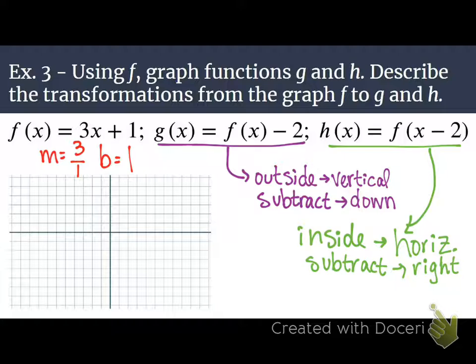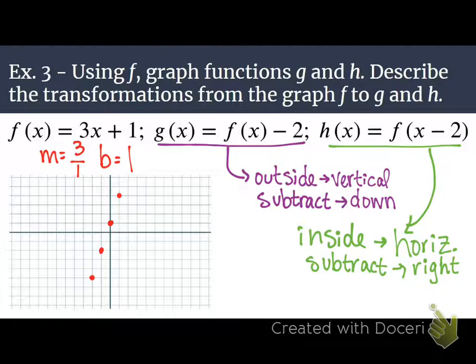All right, so once again, we're starting at a positive 1 on the y-axis, and then my slope tells me I can move where? Up 3 and right 1. Or I could go down 3, left 1. Down 3, left 1.